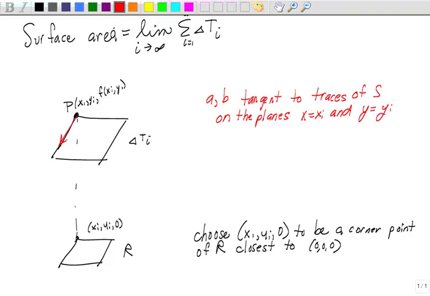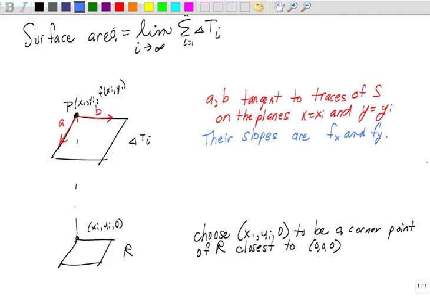So this is A, and that's B. And the slopes of the lines determined by A and B are f of x and f of y, since they're tangent.